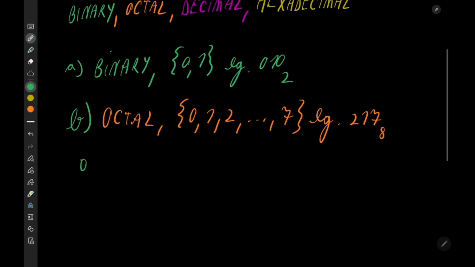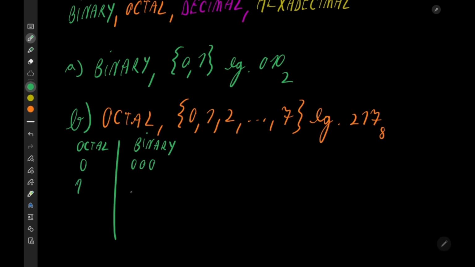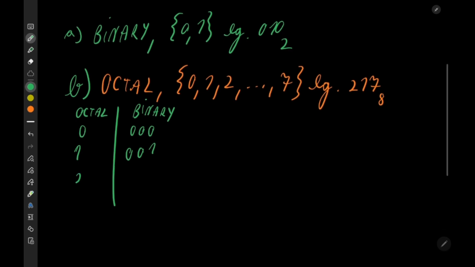So I understand we have this octal and this binary. For example, 0 in binary is going to be 0, 0, 0. You may know, but for people that may not know this, 1 is 0, 0, 1. I'm going to explain later why actually this is true.